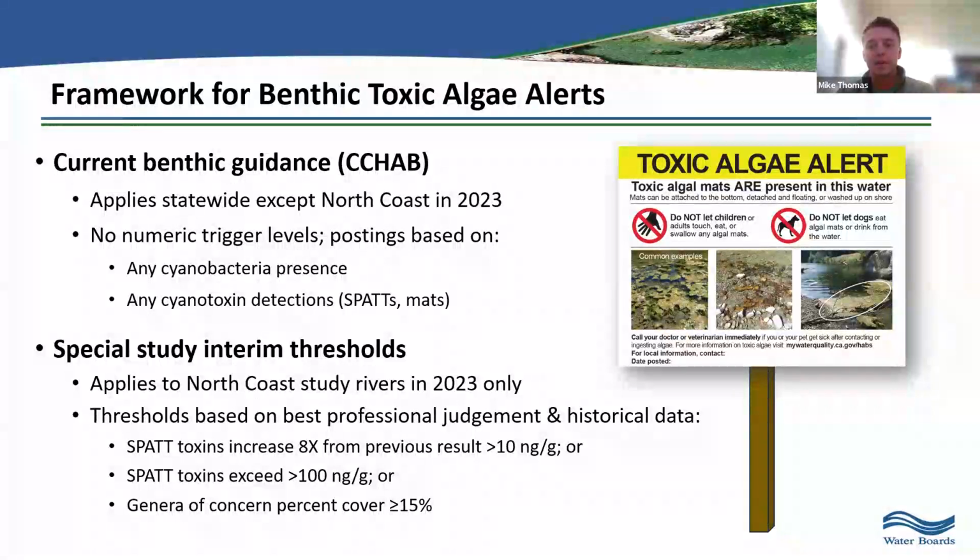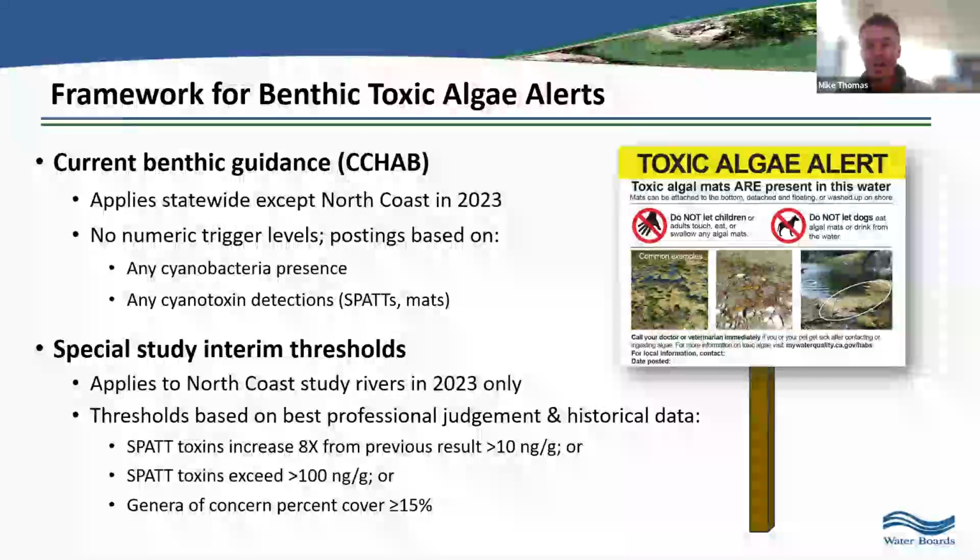Rather, toxic algae alerts for benthic cyanobacteria are recommended based on any cyanobacteria presence or any cyanotoxin detections, which, as you can imagine, can result in lots of postings because cyanobacteria and cyanotoxins are almost always present in low levels.